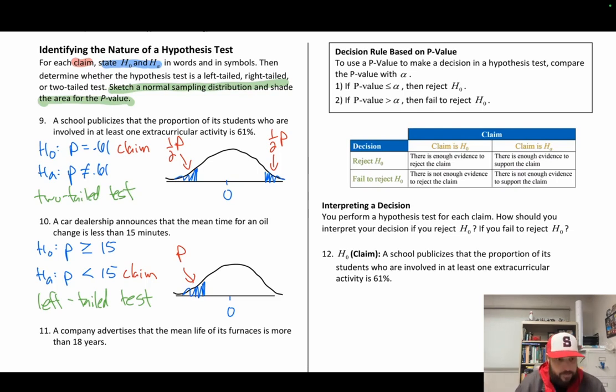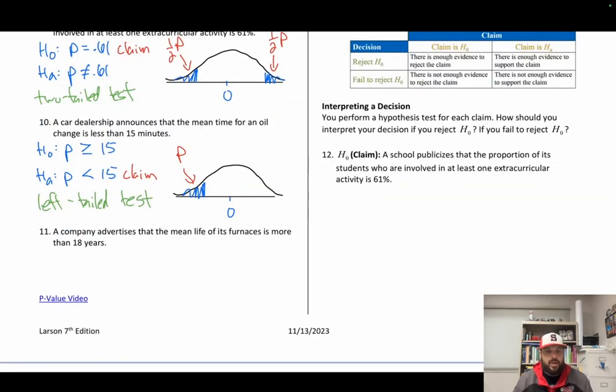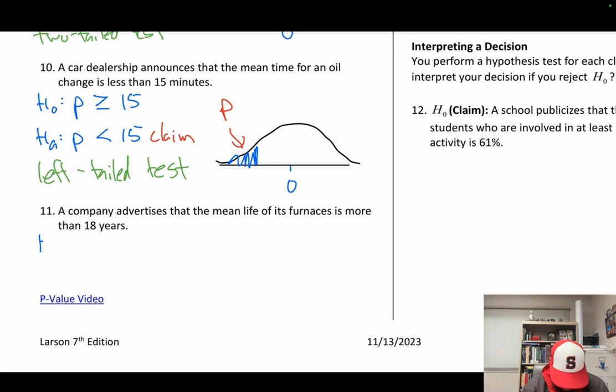All right, let's look at 11. We have a company that advertises the mean life of its furnaces is more than 18 years. So we have H0, HA, our cut point is 18. And we are more than, so our null hypothesis is going to be less than or equal to.